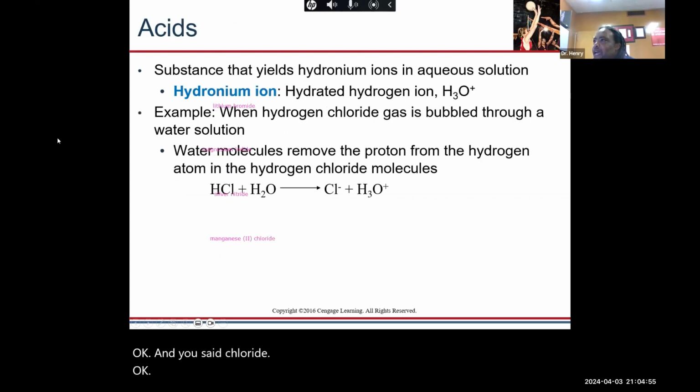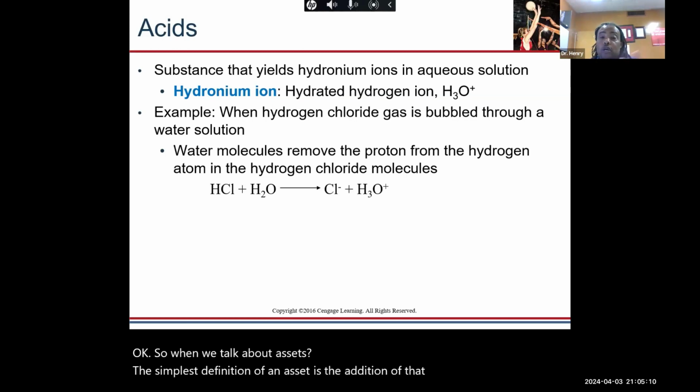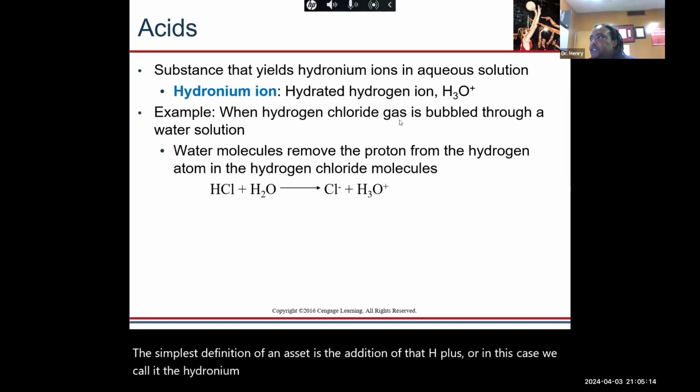Okay. Acids. When we talk about acids, the simplest definition of an acid is the addition of that H plus, or in this case, we call it the hydronium ion, which is H3O plus.